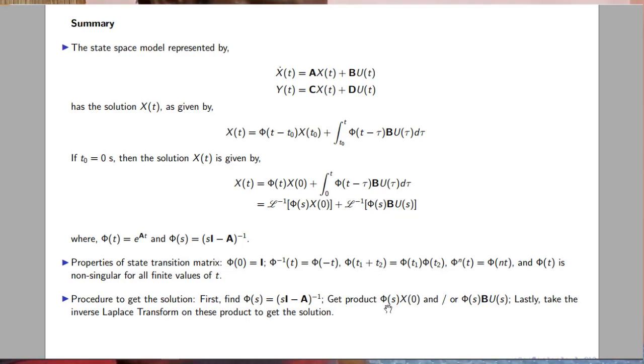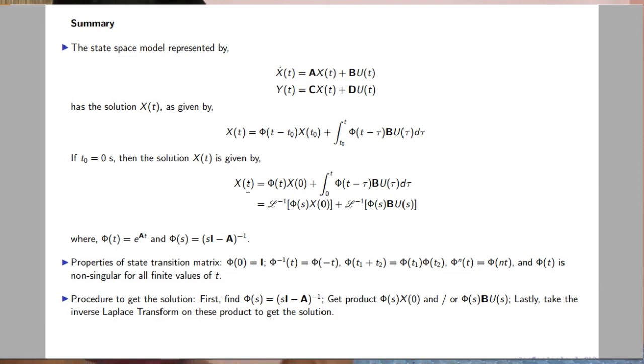These two products. Why I have included 'and/or' is that it depends upon whether you are going to take only the initial conditions or this input also. Okay, and once you find out these products, it's simply taking up the inverse Laplace transform on these products. Take the inverse Laplace transform, you will get the solution.